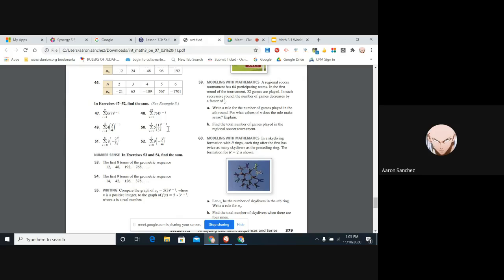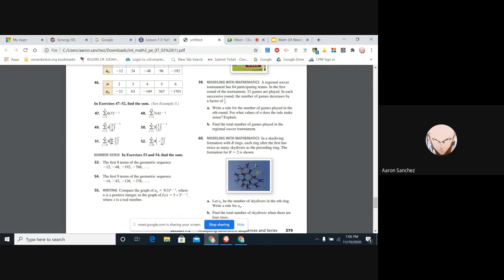Okay, now this only works if you have a geometric sequence. Can you guys tell that this is a geometric sequence? Because here you have your A1, here you have your ratio, and here you have your n minus 1. This is also a geometric sequence: A1, my ratio is a fraction, it's still a ratio, 3/4 raised to the n minus 1.